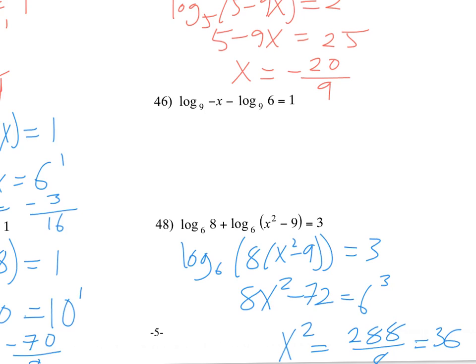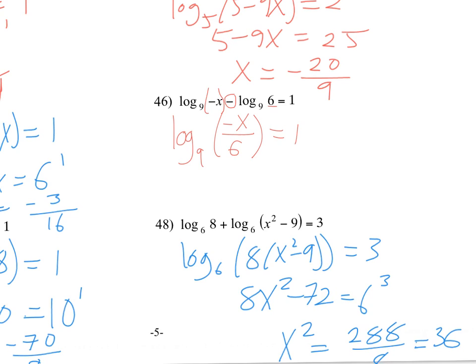For number 46, we've got two logs going on here and a number. I really wish I had put parentheses around that. We've got a subtraction between them. I can condense these, and if I'm subtracting, that means I'm going to divide my logs. So we get log base 9 of negative x divided by 6 is equal to 1.